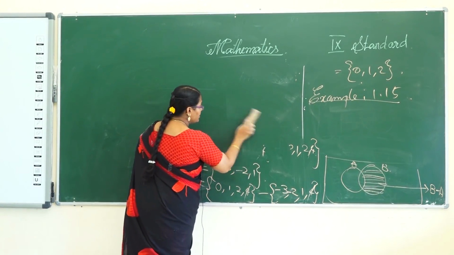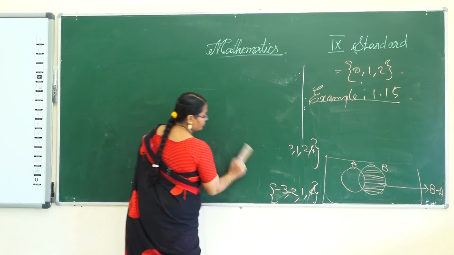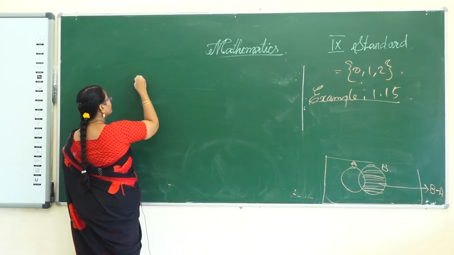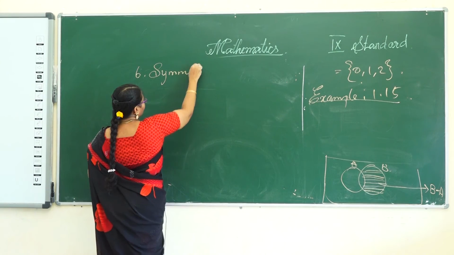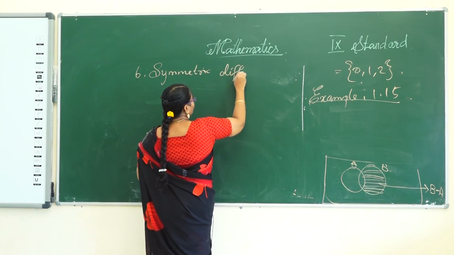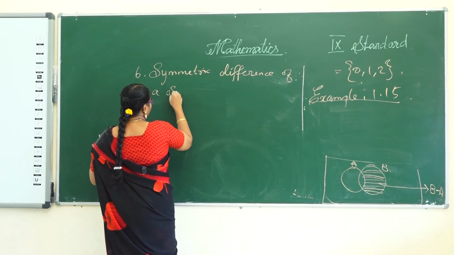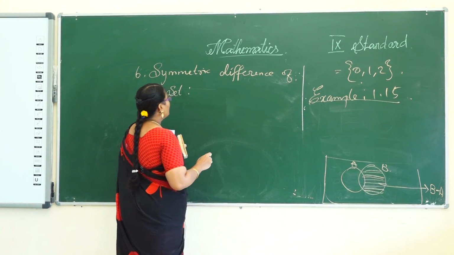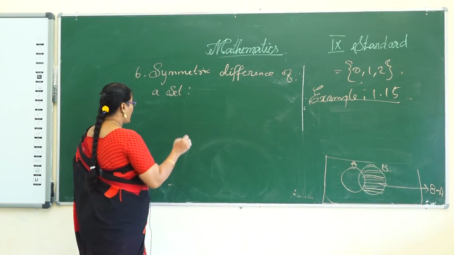Symmetric difference of a set. Symmetric difference of a set means joining all the differences of sets A minus B and B minus A. Okay.